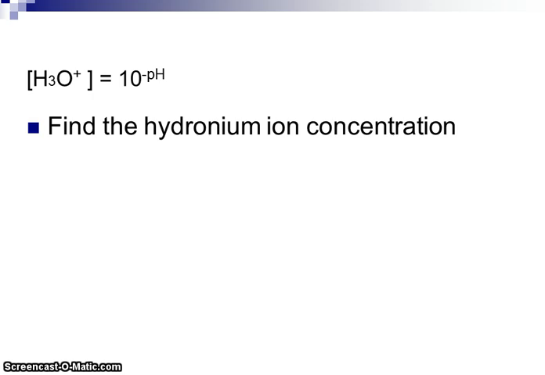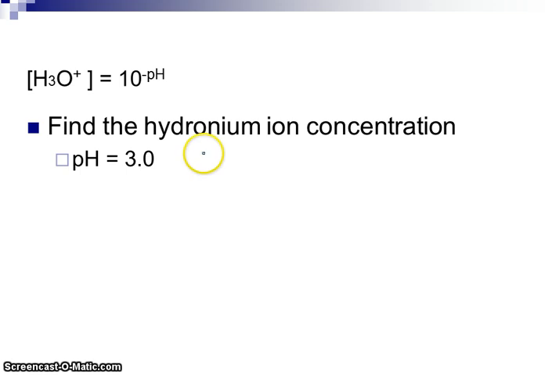Okay, now let's go from pH back to hydronium ion concentration. So if we know what the pH of the solution is, we can calculate what the hydronium ion concentration is. We would take 10 to the negative pH, and that would give us our hydronium ion concentration. So let's say we want to find the hydronium ion concentration, being told that the pH is 3.0.